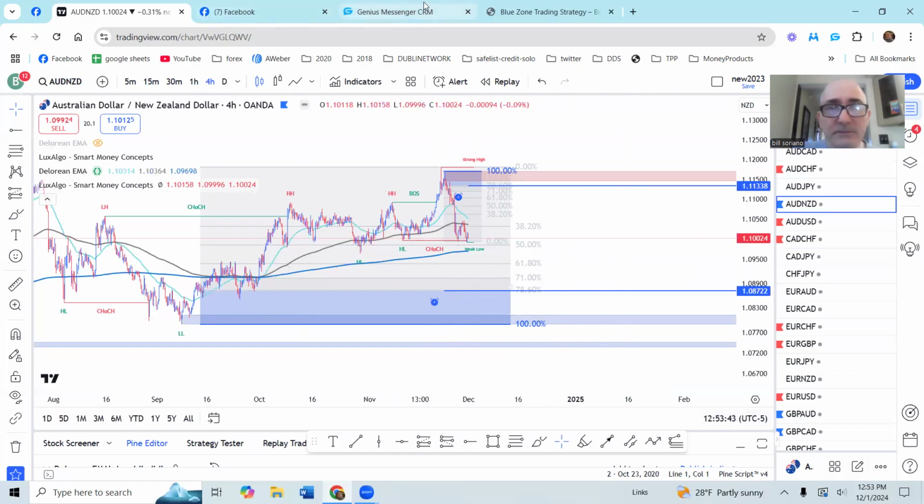So it's better to let the indicators show you where the best place is for you to draw your fib zone, right? To draw your fib retracement, because that's how the blue zone obviously is based on what swing high and what swing low you use to draw that fib retracement. So this is AUDNZD for the week.